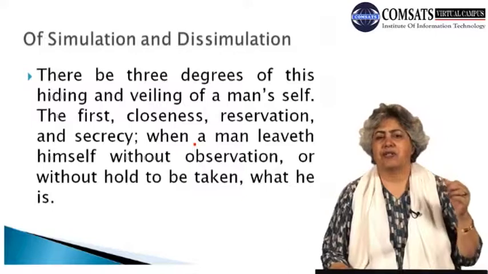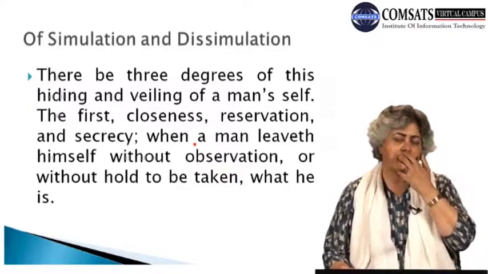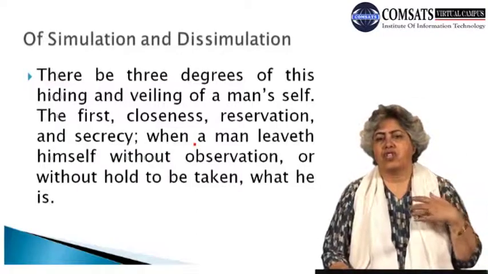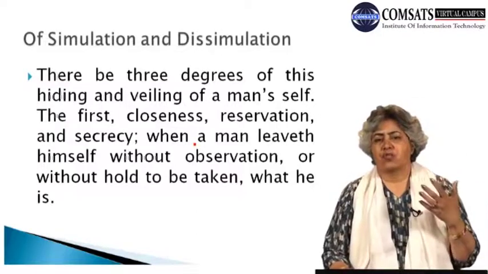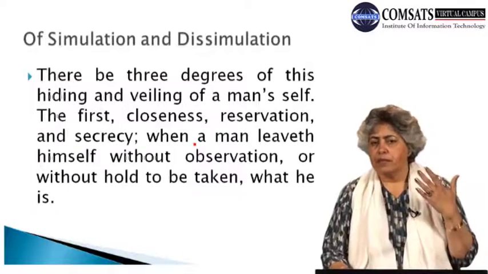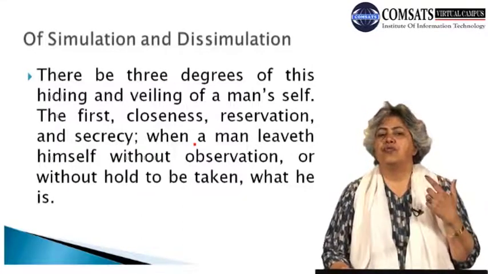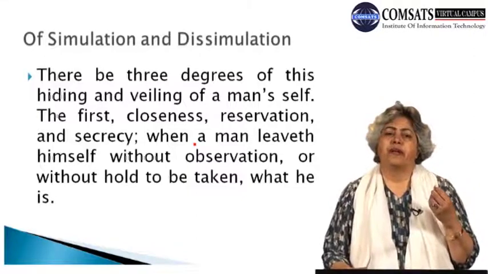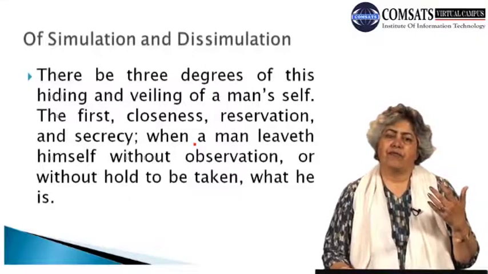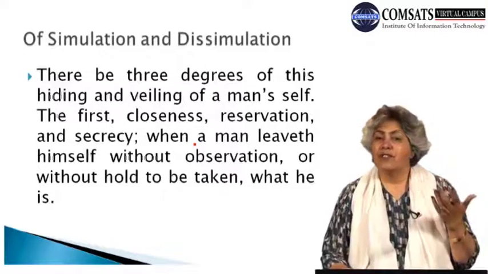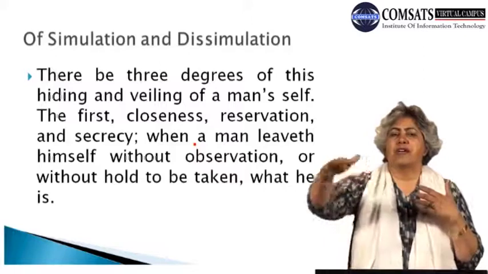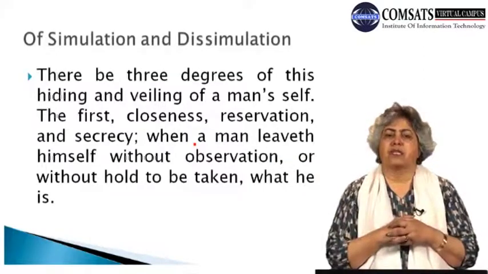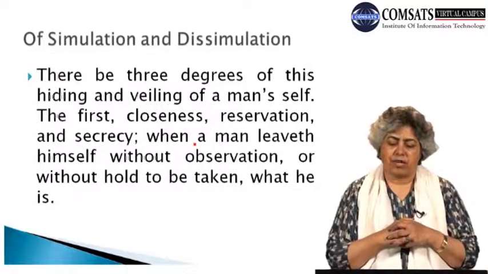And he describes closeness, reservation, and secrecy by saying that closeness is when you do not share your opinions, when you don't share your impressions with other people. Reservation, when you do not allow people to mingle easily with you, when you are a reserved person, when you keep everyone at arm's length, that's the kind of person who needs simulation.